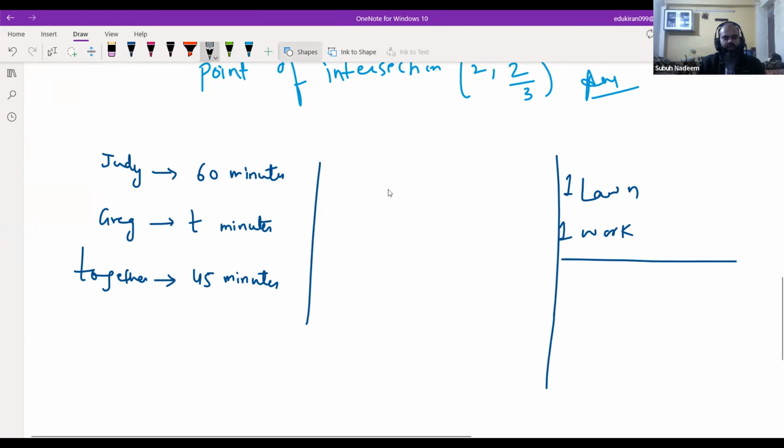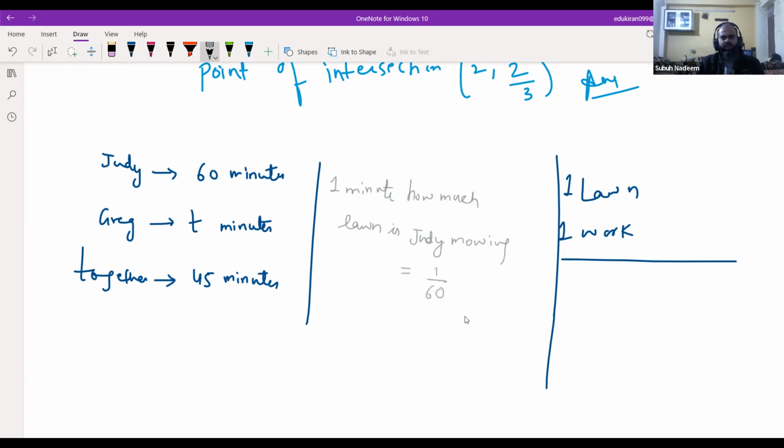If that work is done in 60 minutes by Judy, then in 1 minute how much lawn is Judy mowing? It will be 1/60. That is common sense.